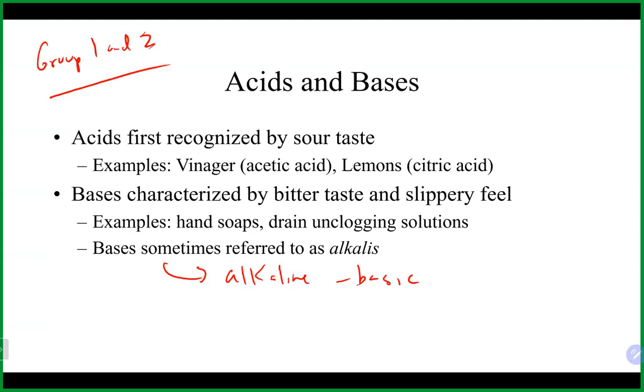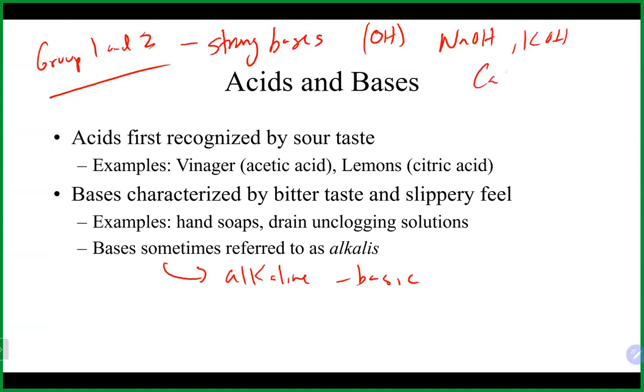When they have hydroxide attached to them, that is where a lot of our strong bases come from. Things like sodium hydroxide, potassium hydroxide, on down to calcium hydroxide, strontium hydroxide and so forth. A lot of these will be strong bases, and they will definitely have hydroxide in the actual formula.